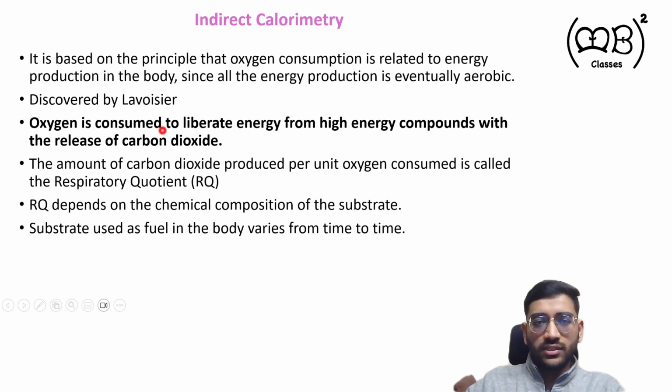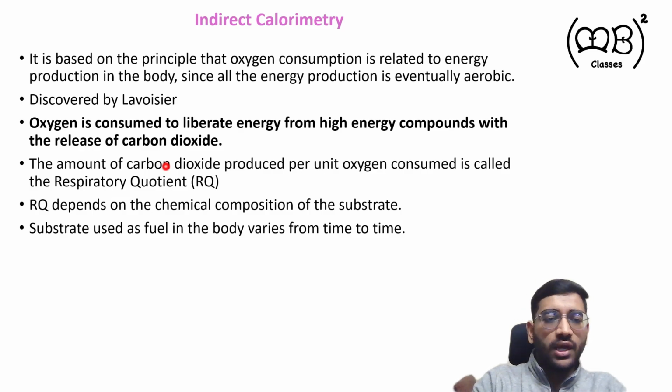So oxygen is consumed to liberate energy from high energy compounds with the release of carbon dioxide and water. The amount of carbon dioxide produced per unit of oxygen consumed is called the respiratory quotient, or RQ.